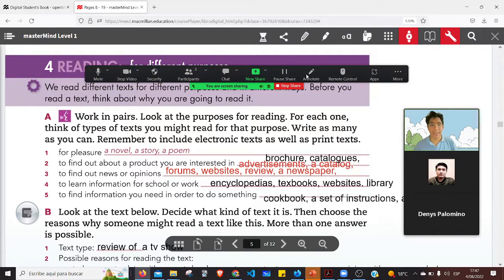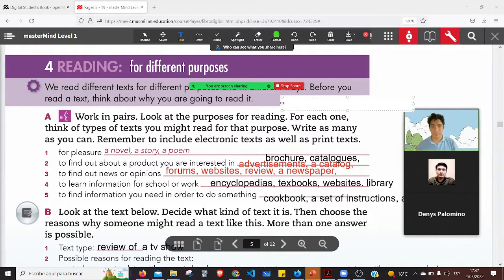I'm going to write it. Hacer una investigación. Conduct research. Realizar una investigación.